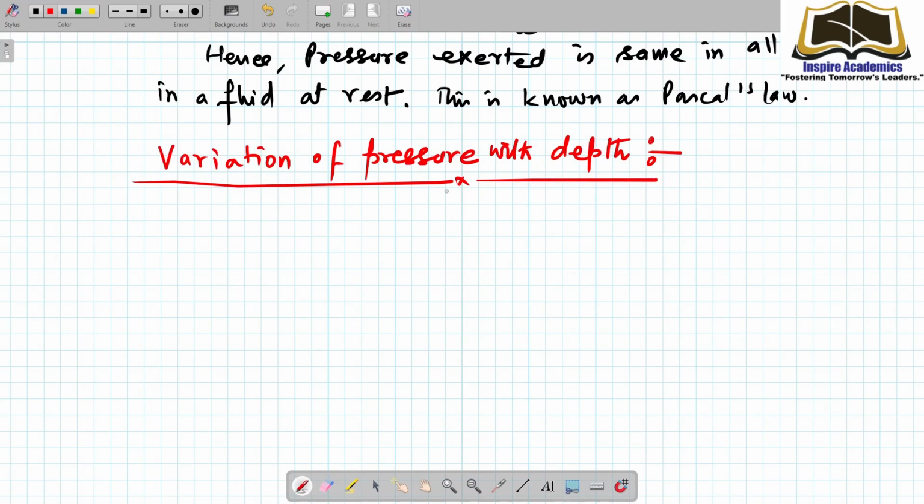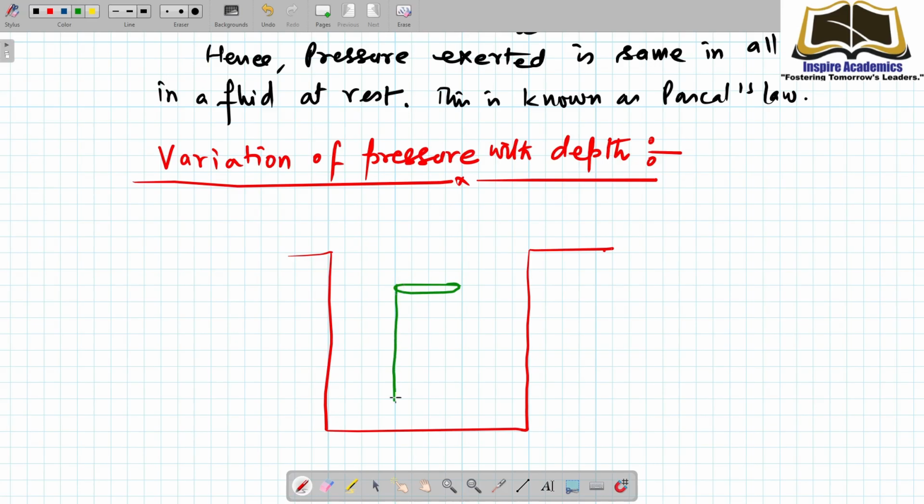So let us just say that again we are having a vessel, okay, and then let us take this. There is this liquid, and in this liquid there is this cylindrical column of height h, okay.